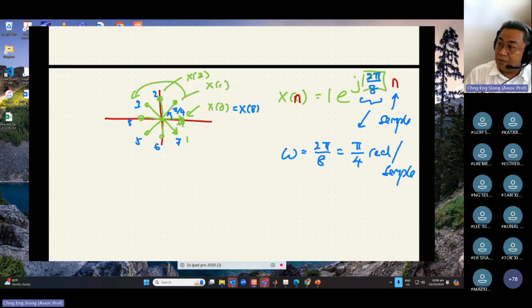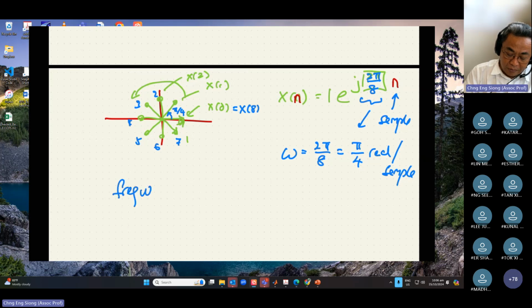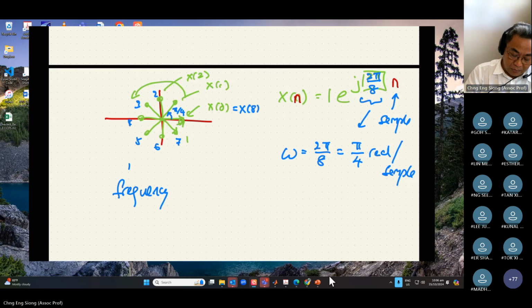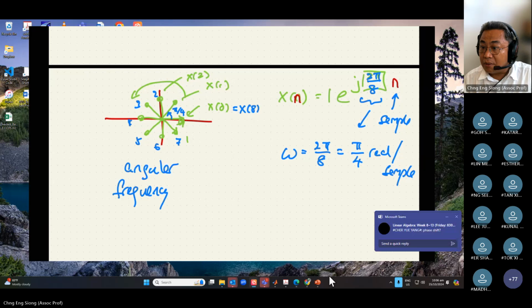So what is my frequency? Frequency is a bad word here. What is the correct term I should use when I'm showing you a rotating phasor? No, angular frequency.